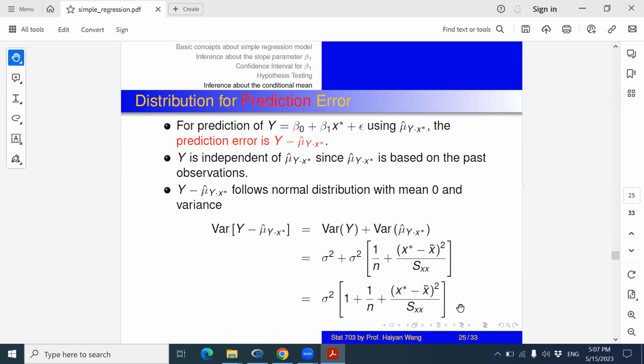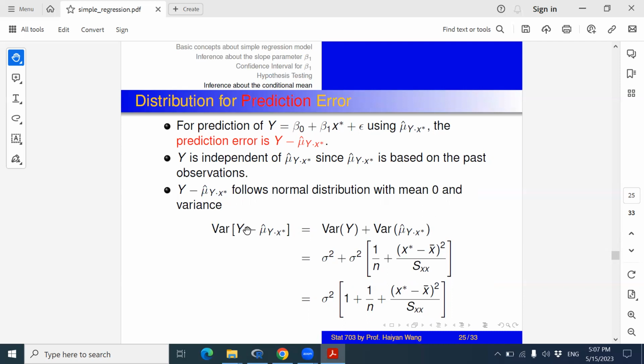The next part is the prediction interval. We already mentioned that for the prediction interval, the error is y minus mu hat. To consider the distribution, we could write it as a linear combination, but even if we do not, we can write down the variance here.